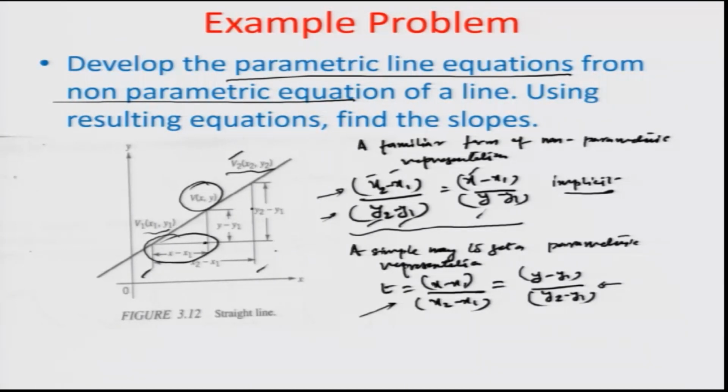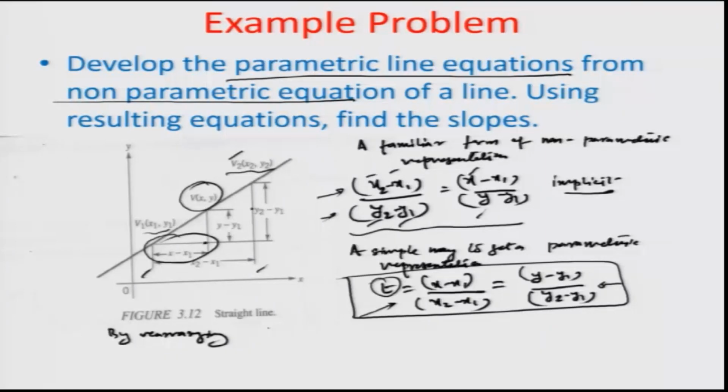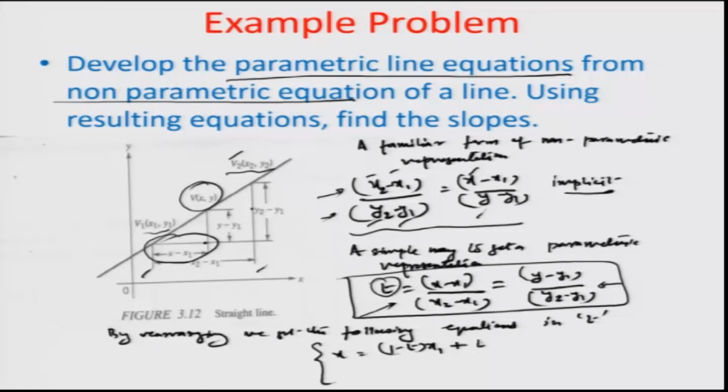So, given that, if I wanted to represent this fraction through the parameter t, then I can have two sets of equations rolling out from the equation that has been formulated here for the fraction, and by rearranging we get the following equations in t, namely x equal to (1 minus t) times x1 plus t times x2.